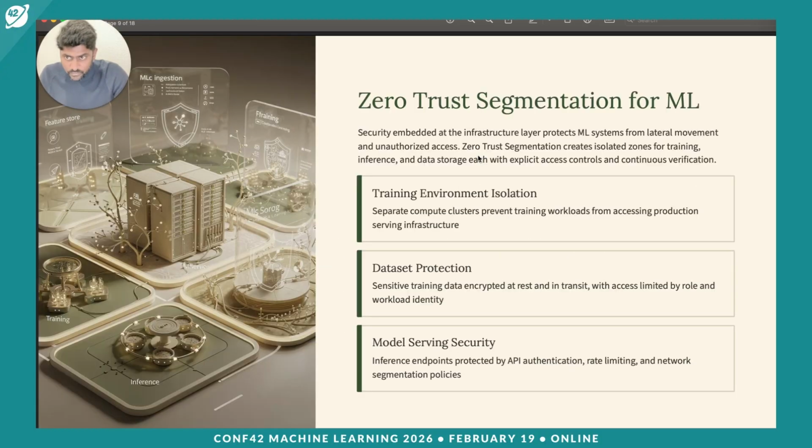And this plays a vital role: zero trust segmentation for ML systems. As we discussed in my previous slide discussions, security plays a vital role. For this, it could be customers' auditing purposes, and the compliance requirements have to be clearly defined and well known in advance.